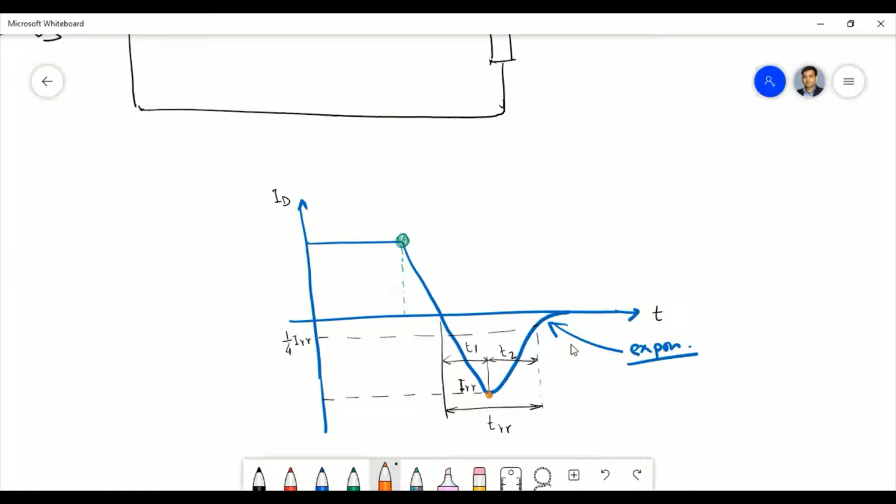Once the excess carrier is removed from this space charge region or drift region, then the device becomes reverse biased. So it takes that T1 time to remove all this excess carrier which is stored in that drift region or the space charge region.